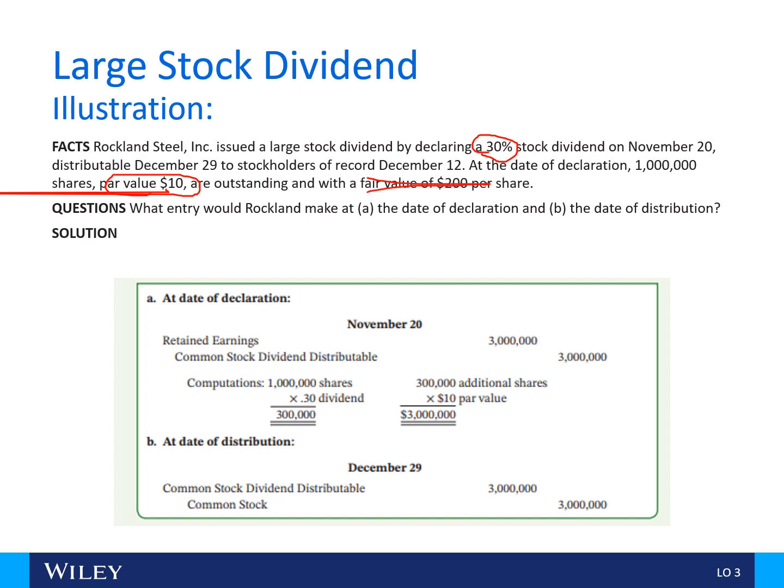If it's larger than 25%, it's a large dividend, and you pay out the number of shares issued times par value, and that becomes the amount of your dividend. You do not need to worry about the fair market value, and you don't need to worry about accounting for additional paid in capital. It's simply going to be dividend and common stock.